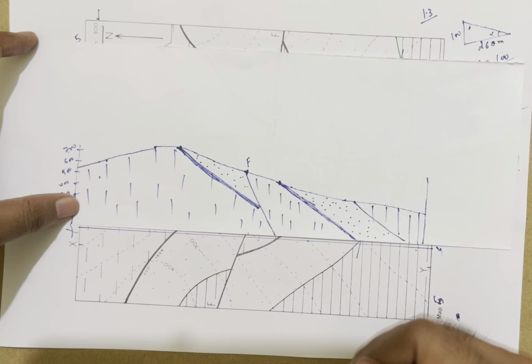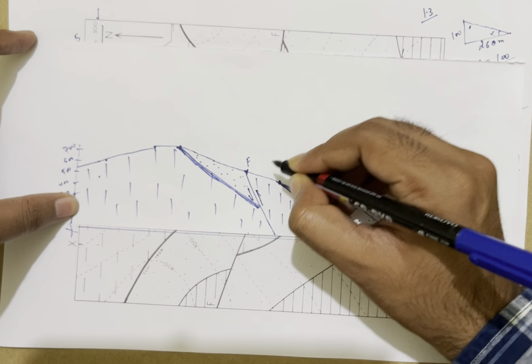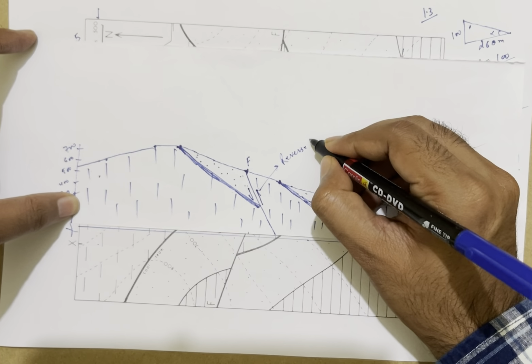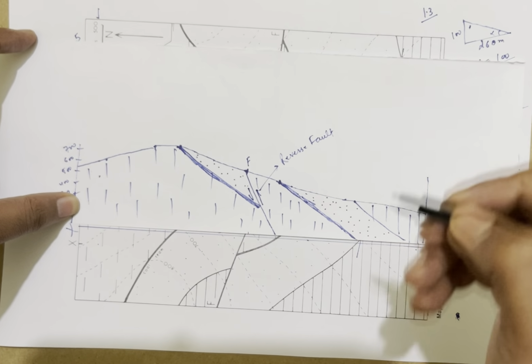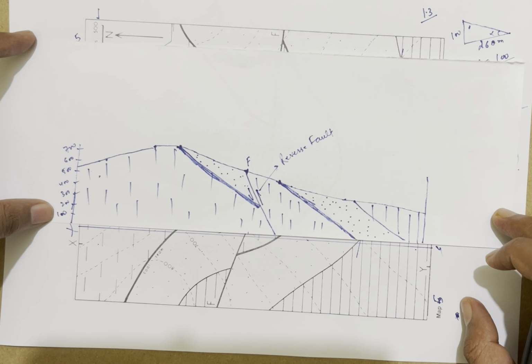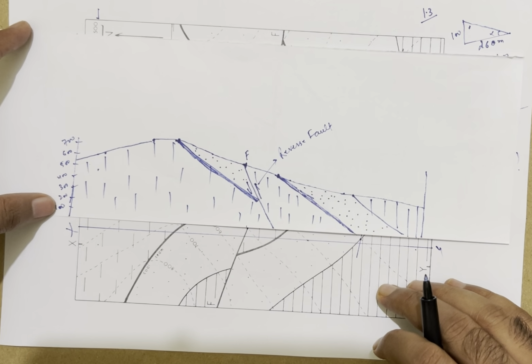So what kind of fault is it? This block is going this way, this block is going this way, so it is a reverse fault. Okay, so now this is a cross section.